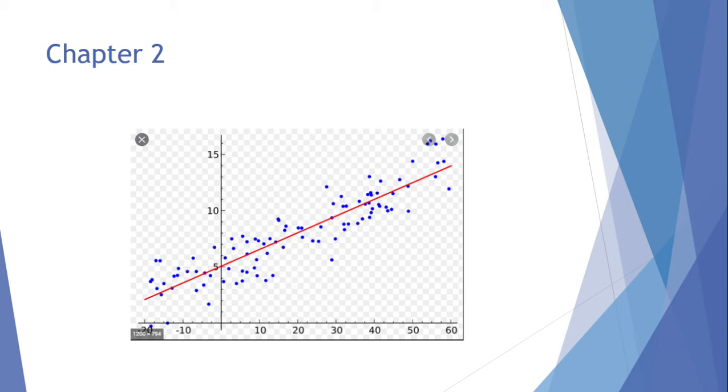What you're looking at here is a relationship between two variables, and let's say it was a test that students were given along the x-axis, and let's say on the y-axis it was a quiz that was maybe worth 20 points for the quiz and 60 points for the test.